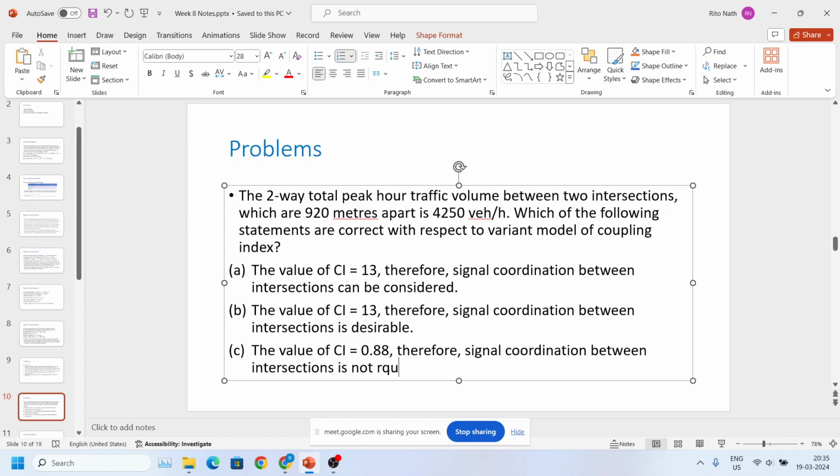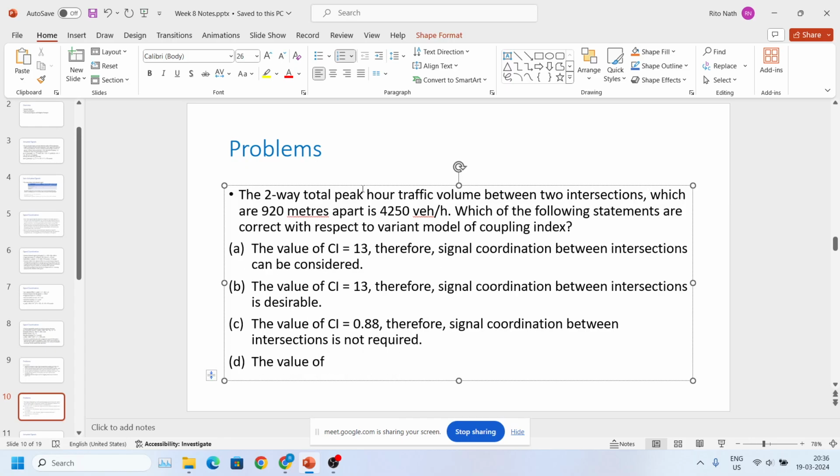Finally, D, the value of CI is 1.41, therefore signal coordination between intersections is desirable.